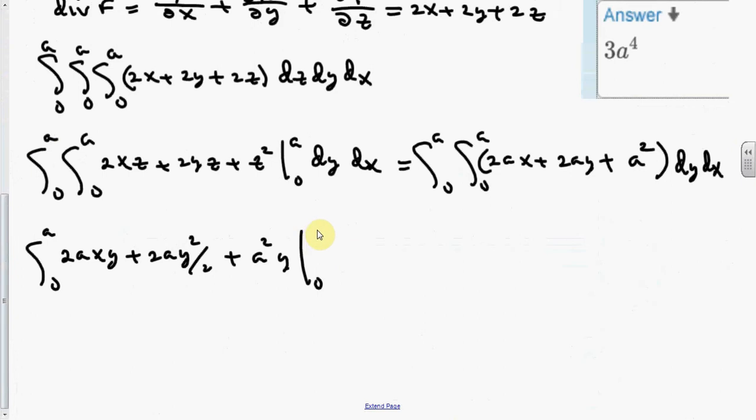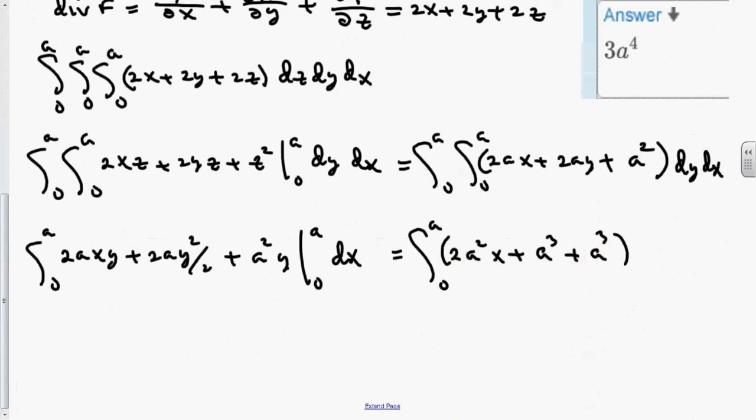And y goes from 0 to a. So we have the integral from 0 to a. We're evaluating the y, so this is 2a squared x plus a to the third plus a to the third dx.